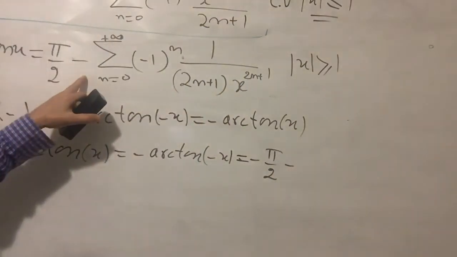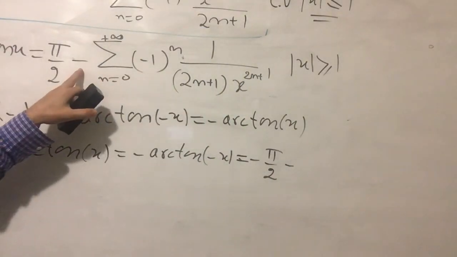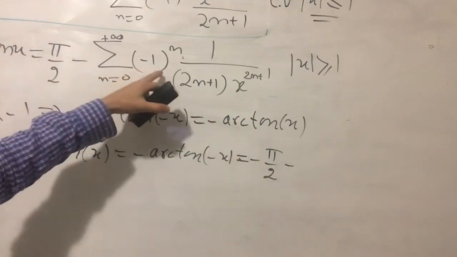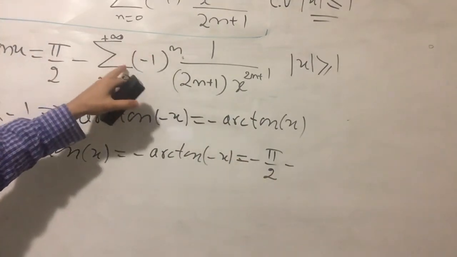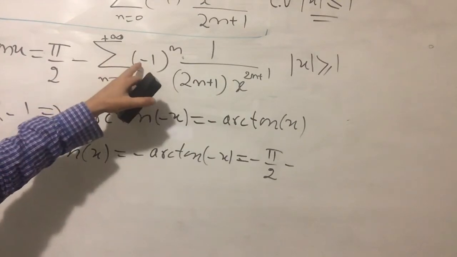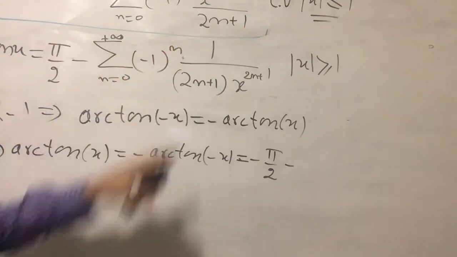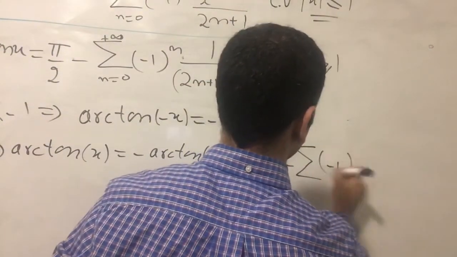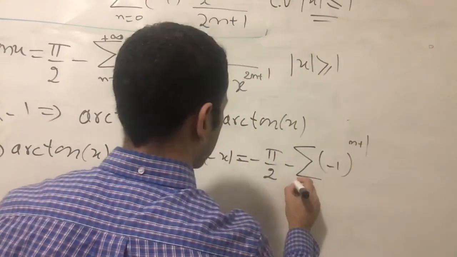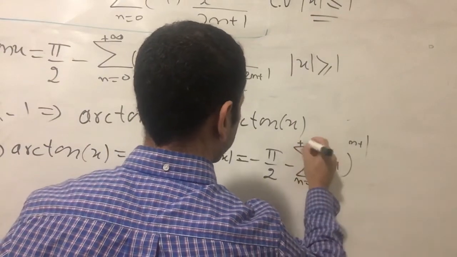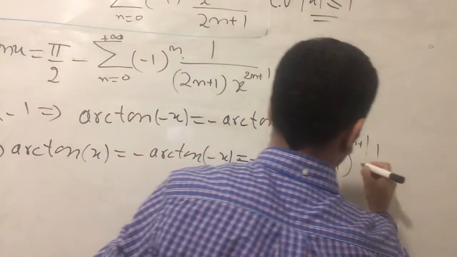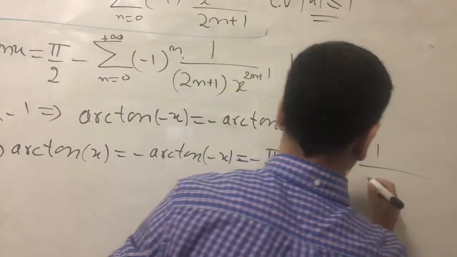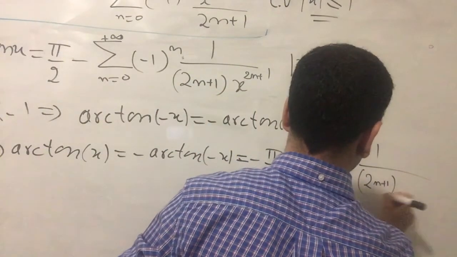With this, minus becomes plus, but I'm not going to do the plus because I'm pushing the minus sign inside of this sum, in order to get (minus 1) to the n plus 1, as n goes from 0 to plus infinity, times 1 over 2n plus 1.